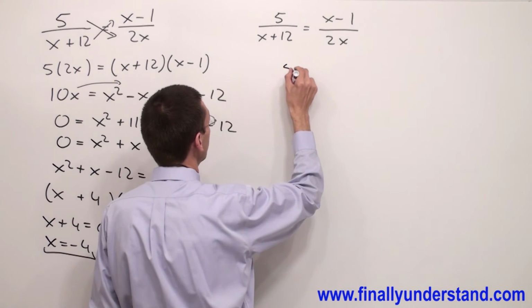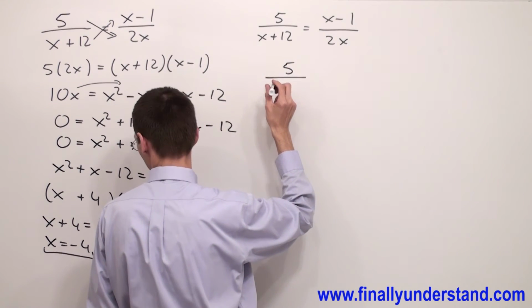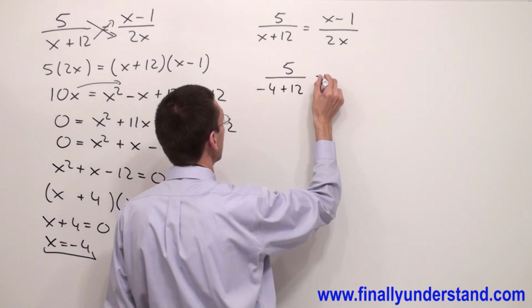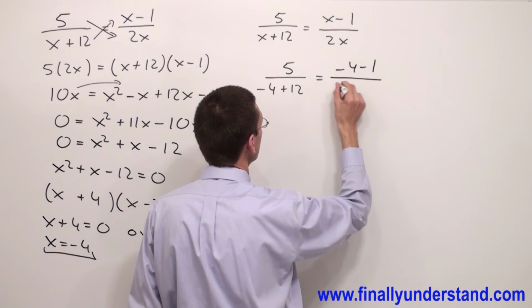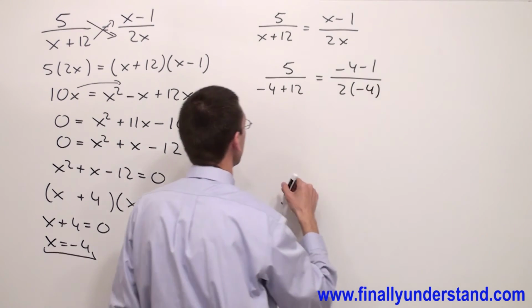So I have 5. In the denominator, I'm going to have negative 4 plus 12 equals negative 4 minus 1 over 2 times negative 4.